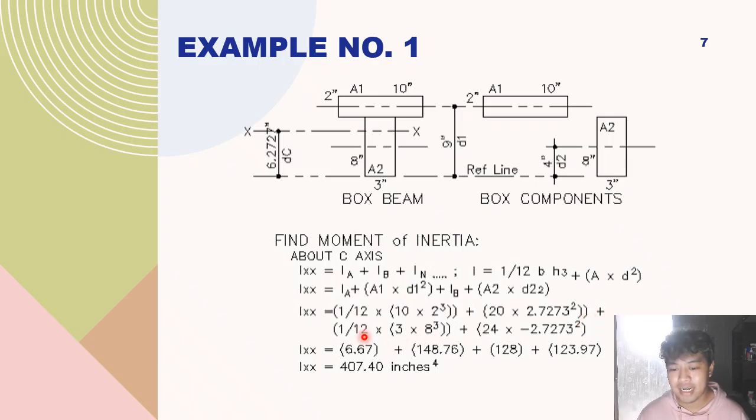And then we add another 1/12 BH cubed over 12. So base, we have 3 inches, and then height 8 inches. So 3 times 8 cubed.